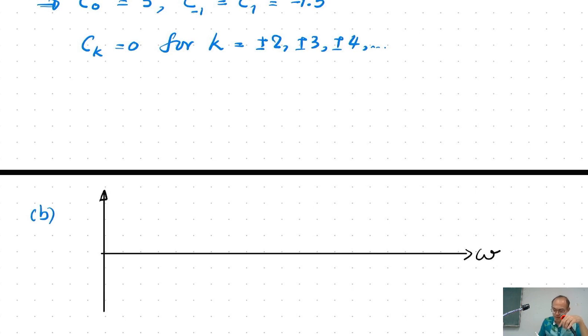One-sided, I mean, 2 absolute CK, right? Now, at omega 0, at omega 2000 pi, at omega 4000 pi, at omega 6000 pi, and so on, and 8000 pi.